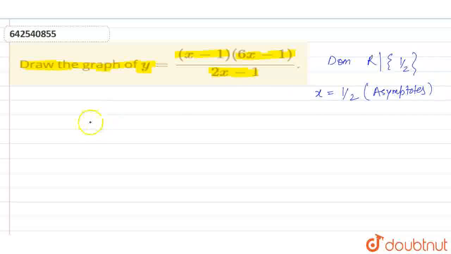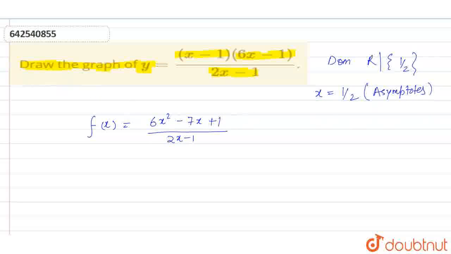Now we'll write the function f(x) as (6x square minus 7x plus 1) divided by (2x minus 1).